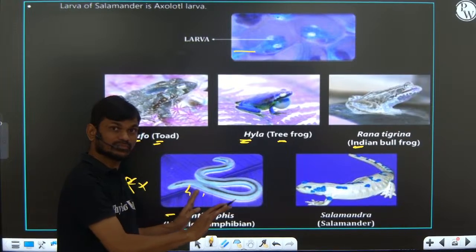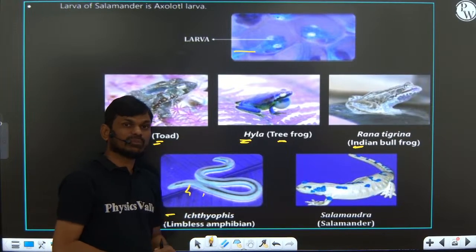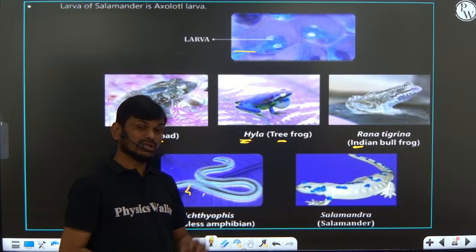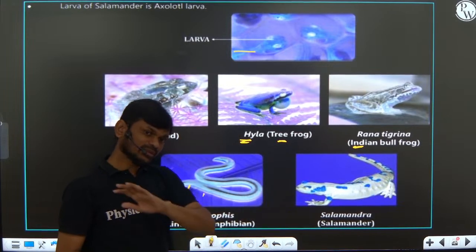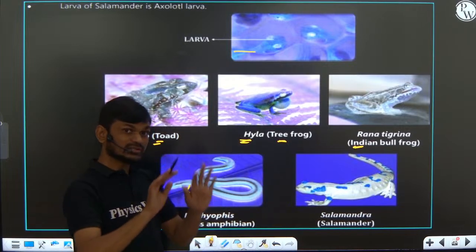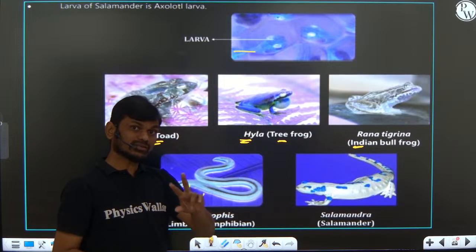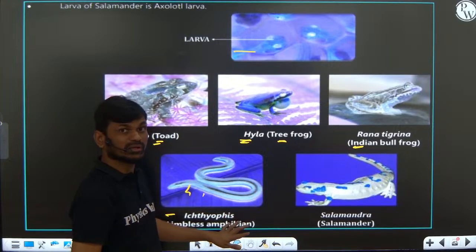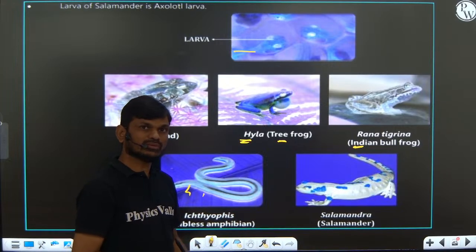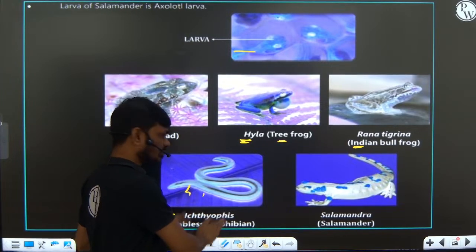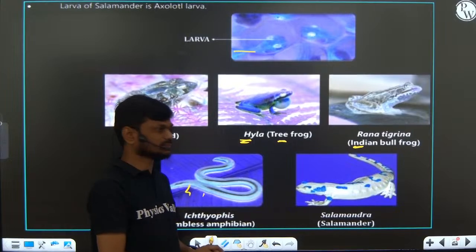Sometimes they will ask exception-based statement questions: characters present in amphibia without any exception or with exception. So presence of limbs has an exception, that is Ichthyophis, a limbless amphibia. If they ask whether all amphibians have two pairs of limbs, no, one limbless amphibia is there, that is Ichthyophis.